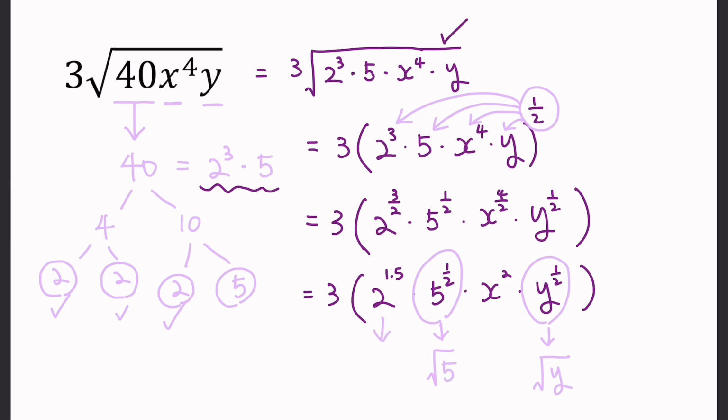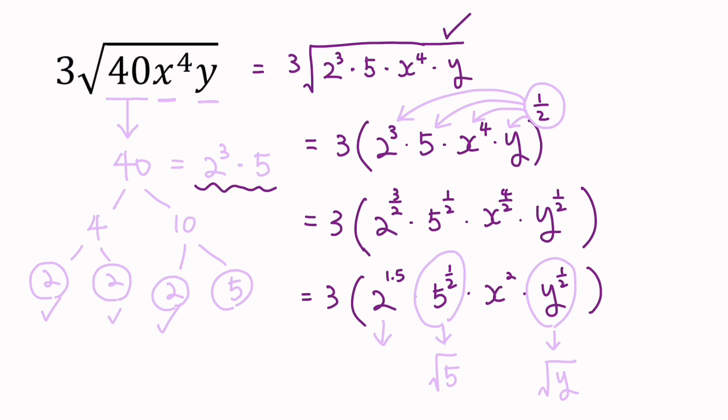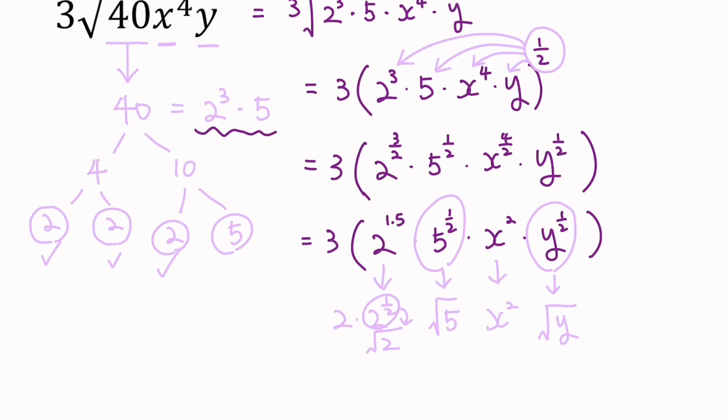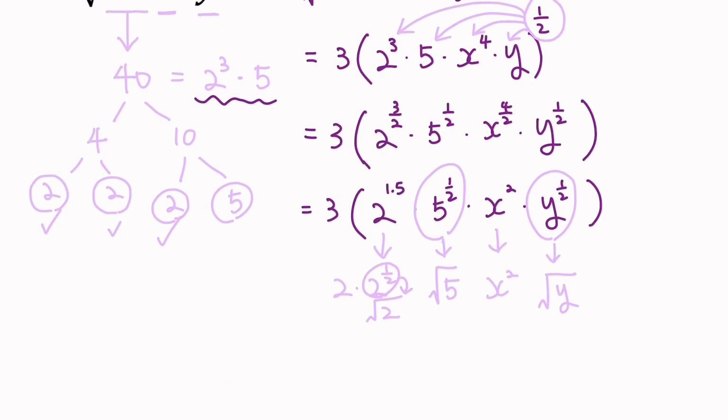And 2 to the 1.5 will be equal to 2 times 2 raised to the power of 1/2, which is equal to 2 times the square root of 2. And x squared will remain as x squared.